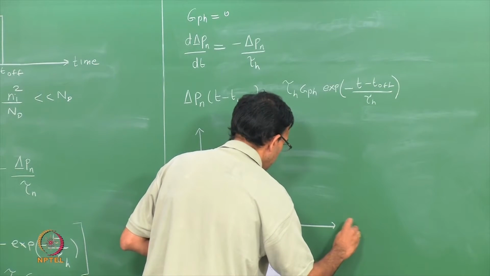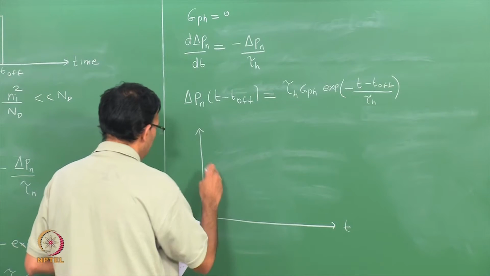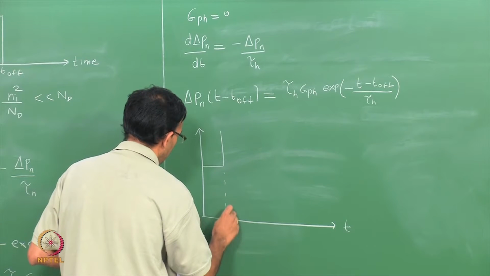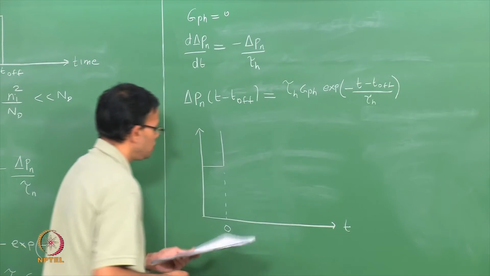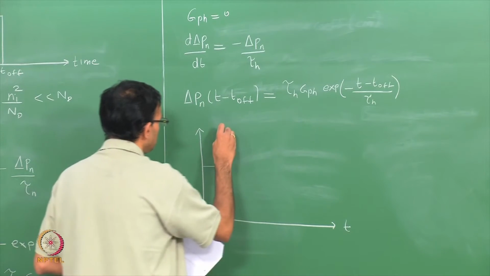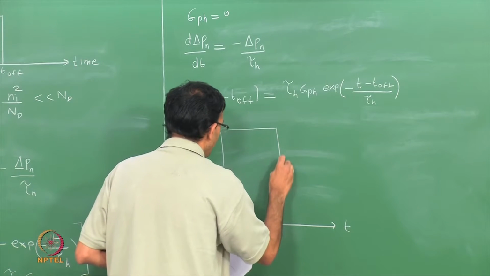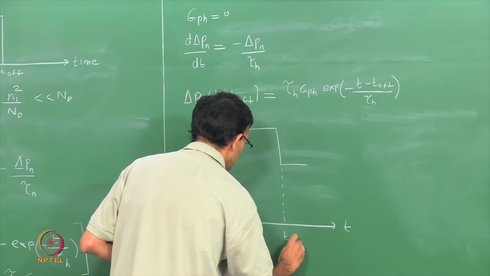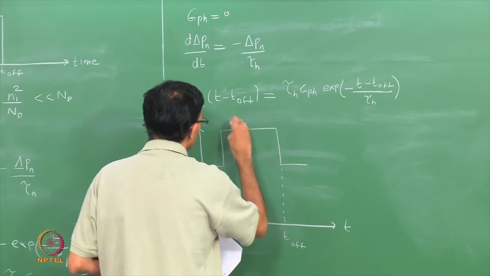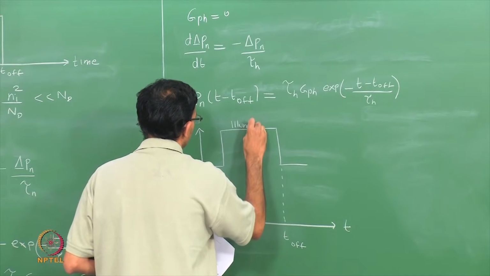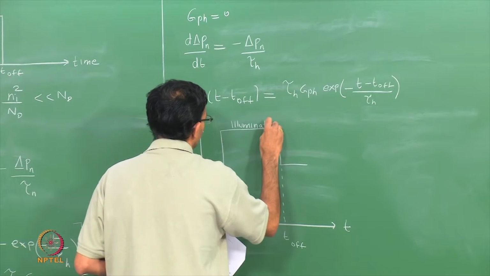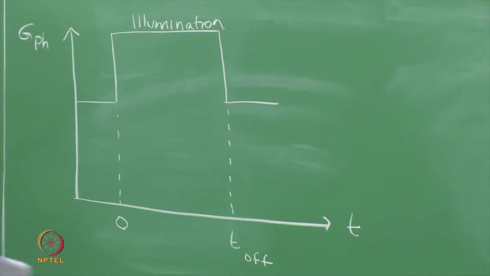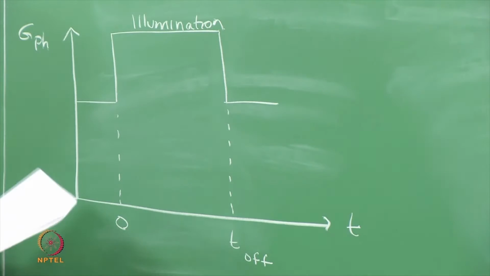So, this is time. We will first replot the light. We said that at time t equal to 0 we turn the light on, and at time equal to T off we turn it off. So, this is your illumination, this is Gph. What happens to the concentration of the holes?